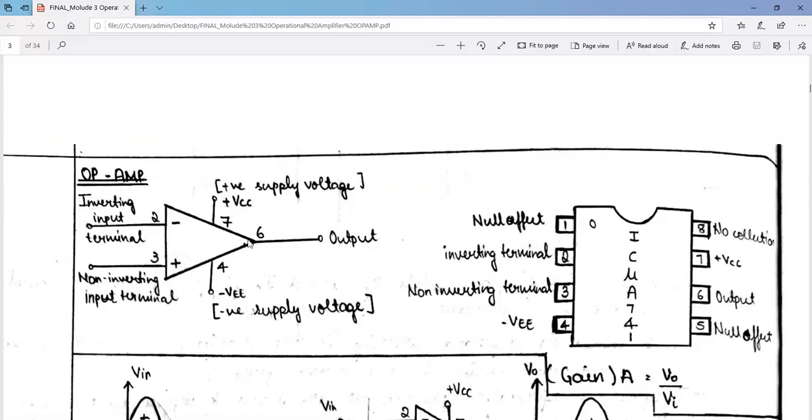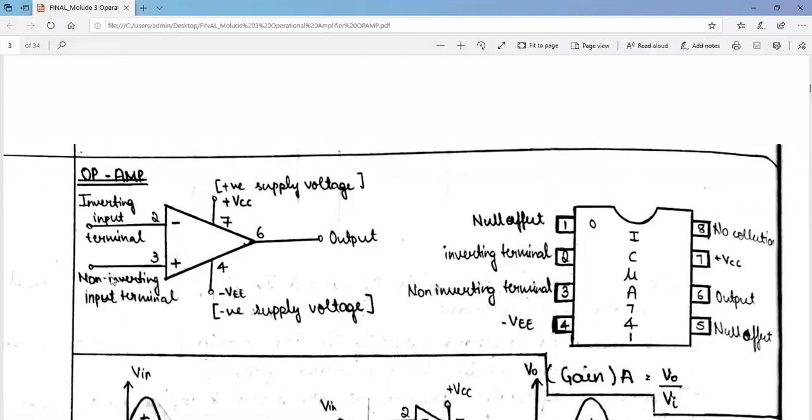Similarly, you can see it on this particular diagram. Pin number 2 is the inverting terminal, indicated by the negative sign. The terminal connected to the negative is the inverting terminal, and pin number 3 is the non-inverting terminal, which is indicated as plus. Clear?